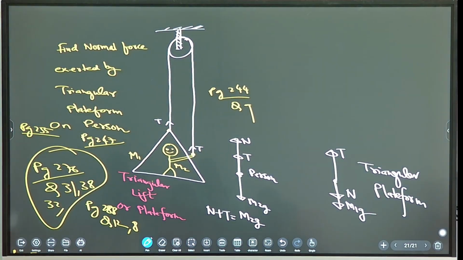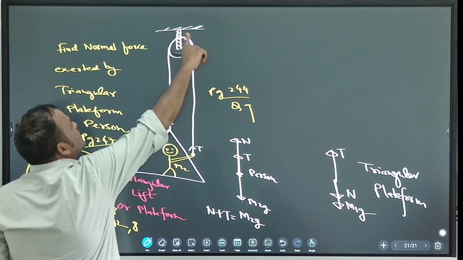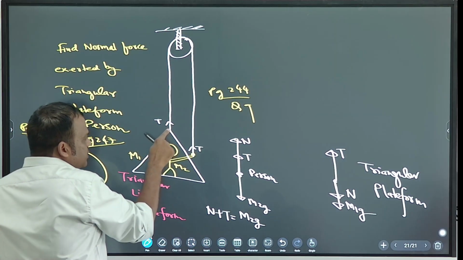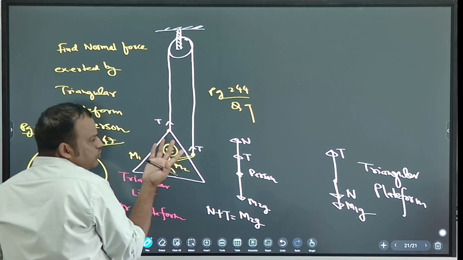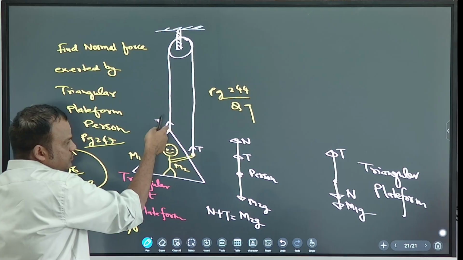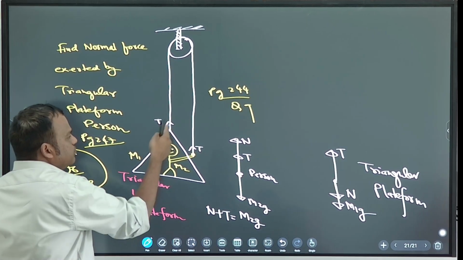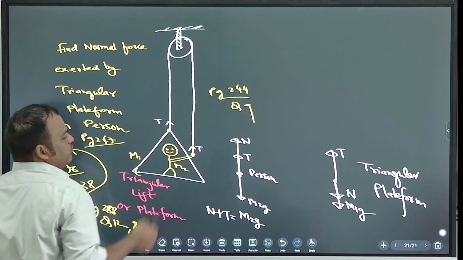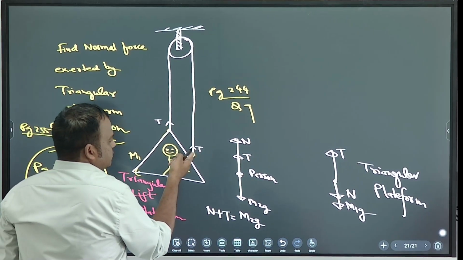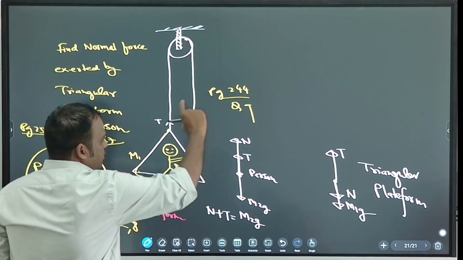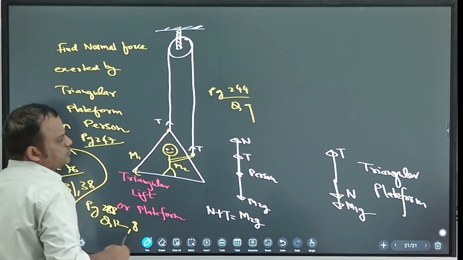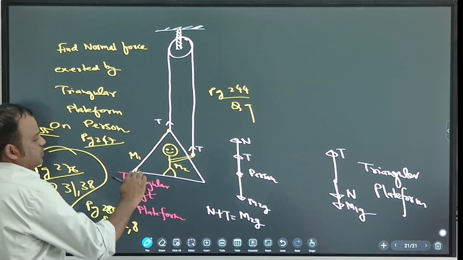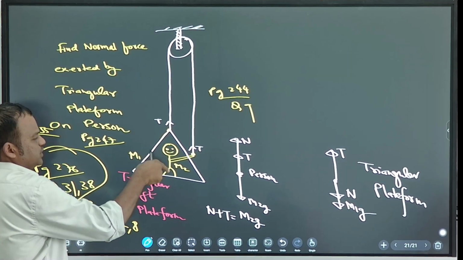Okay, understood. So how many ends are there for the string? Two ends. One end here, another end here. At this end, is the string pulling the person or the platform? Platform. At this end, the string is pulling the person up.